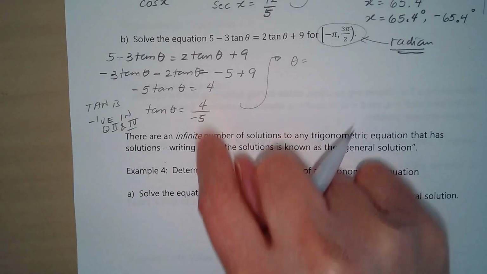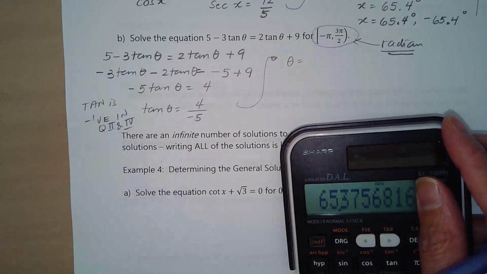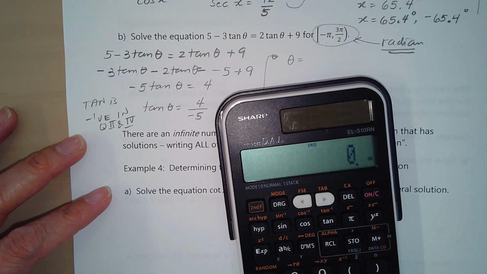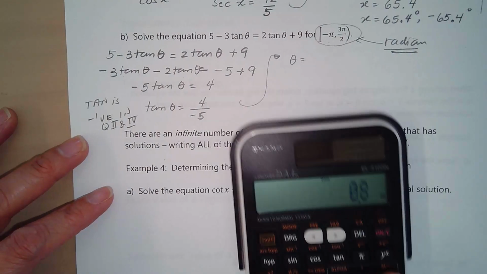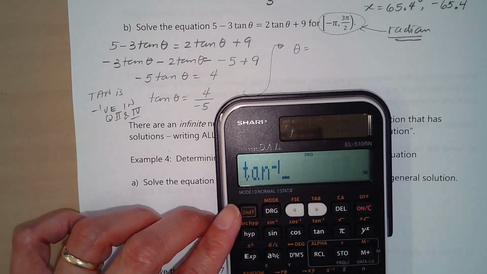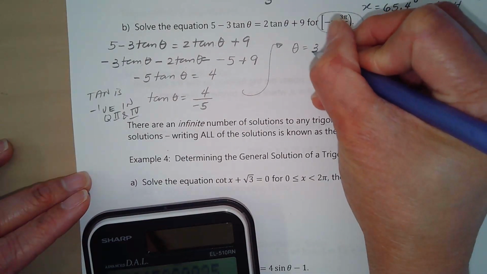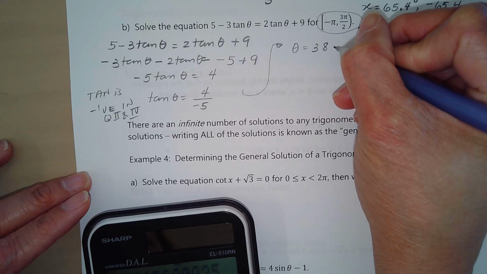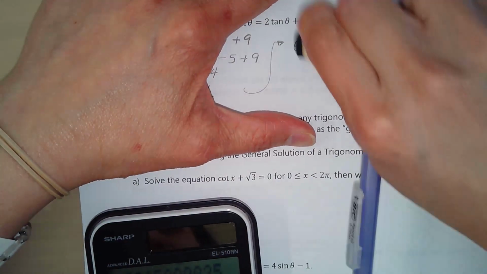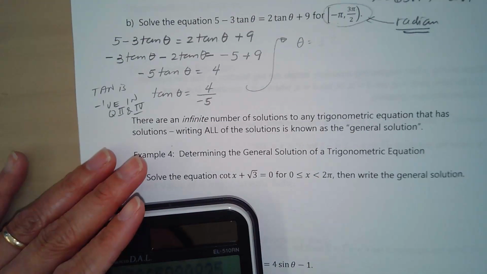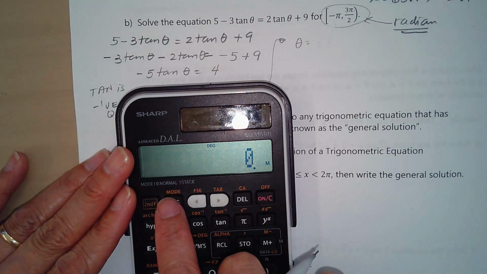We're just going to go 4 divided by 5 to figure out the reference angle. Okay, so 4 divided by 5 is 0.8. So tan inverse of 0.8 is 30 degrees. Has to be radians.